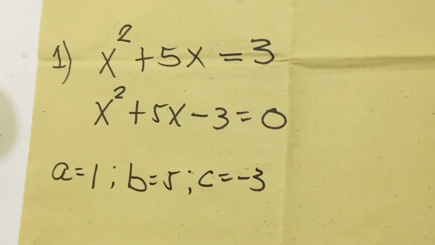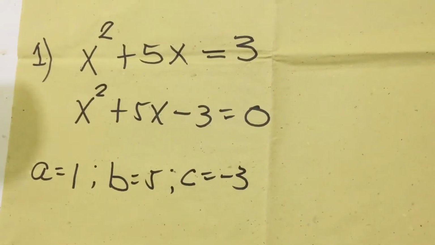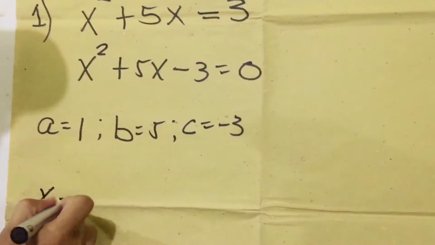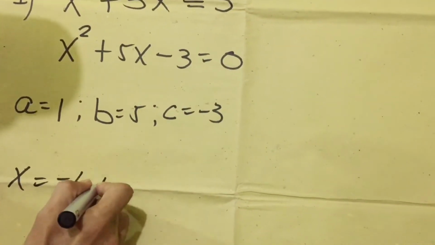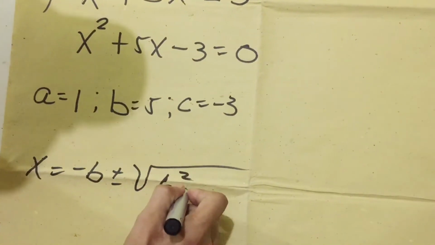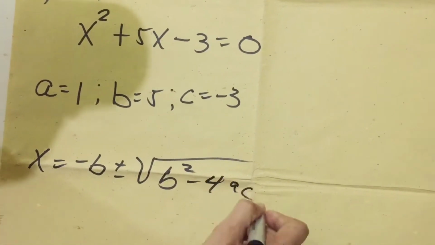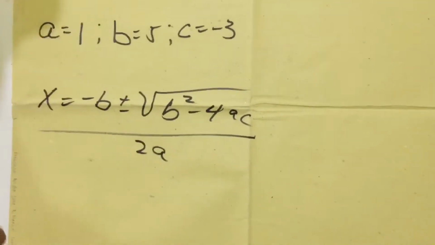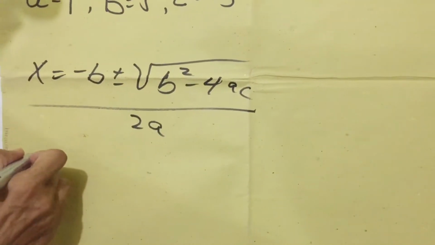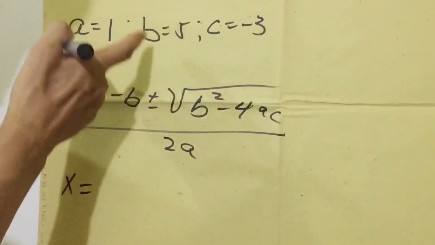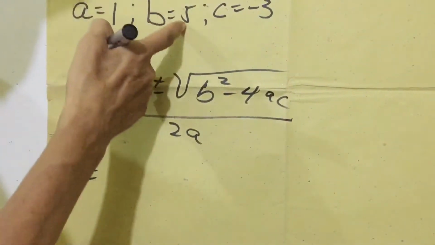After determining the a, b, c, we will now use the formula, x equals negative b. Then we're going to write here x equals negative b positive negative square root of b squared minus 4ac all over 2a. Then we're going to use the substitution. Since we're going to find the x, x equals negative b, the value of b is 5.